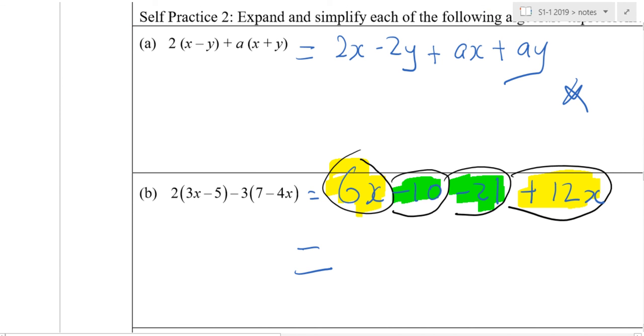You see what's the answer? 6x plus 12x, what do you get? Press calculator, 6 plus 12. Oh, no magic one. No need you to count one. 18x. Next one, minus 10 minus 21, what do you get?